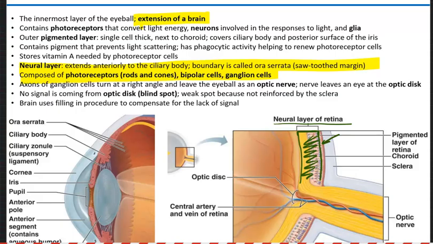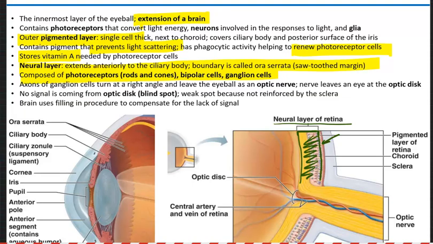Okay? The pigmented layer prevents scattering of light because of the pigment, and also renews photoreceptor cells. The third function of the pigmented layer is to store vitamin A. As we will learn, vitamin A is essential for the function of the cells in the neural layer.